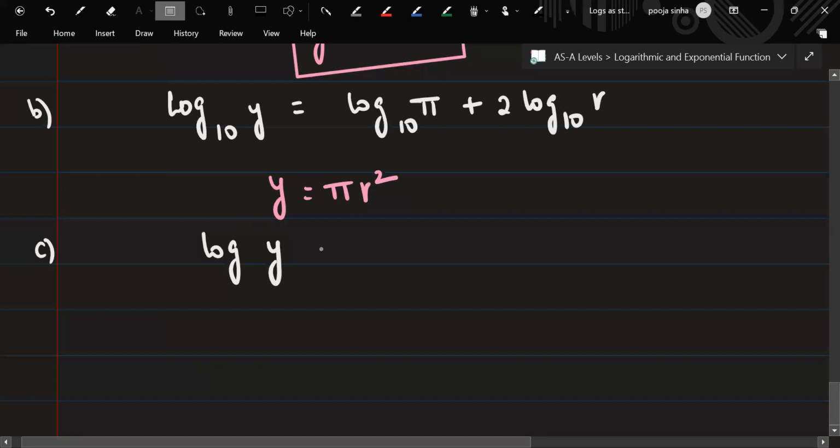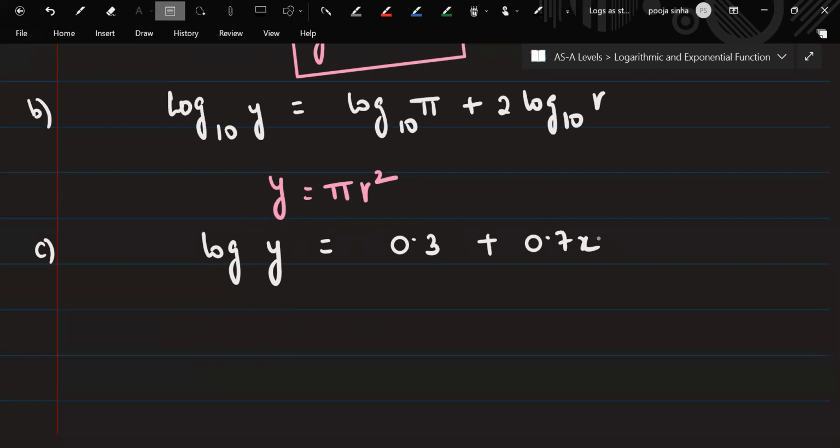Log y equals 0.3 plus 0.7x. So do I have to make the RHS log? Yes, without that you will not be able to do it. And this is log to the base 10, so you have to make it log to the base 10.